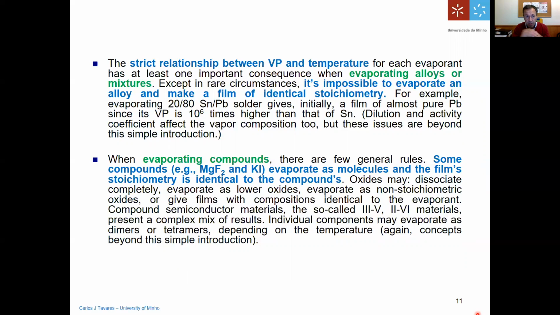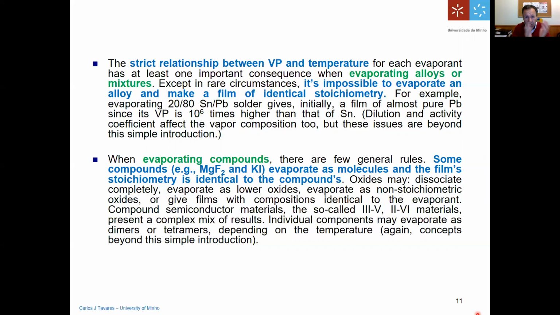For example, when you try to evaporate a solder of 20% tin and 80% lead, it will initially give you a film with a much higher concentration of lead, because the vapor pressure is about a million times higher than that of tin, depending, of course, on the temperature.